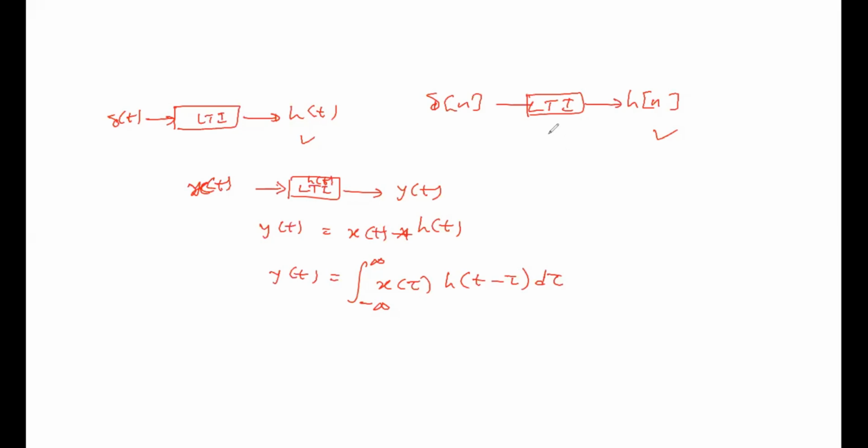So in a similar vein, for a discrete time sum, Y of N will be the sum, taking values from negative infinity to infinity, of S of K, H of N minus K.